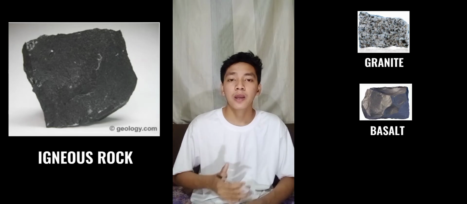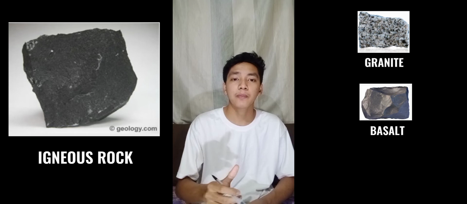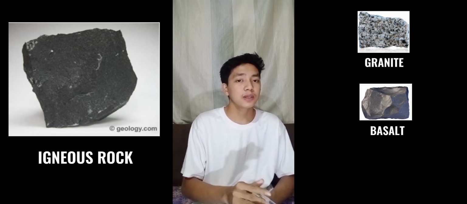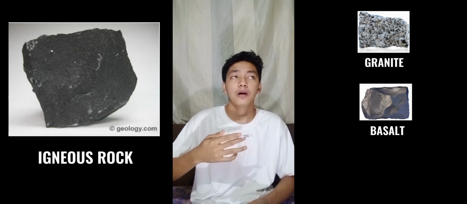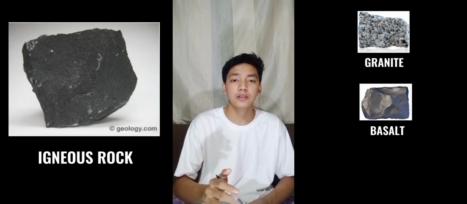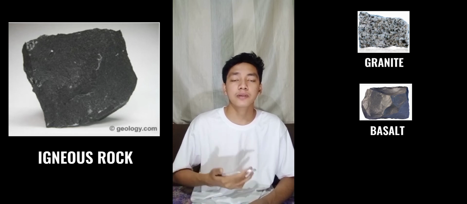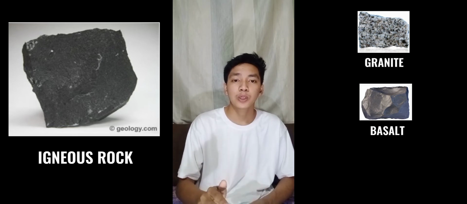Basalt is the most common type of igneous rock. Basalt is a dark-colored, fine-grained igneous rock. Basalt is one of the main rocks prevalent in the oceanic crust. As basalt is rich in iron, it is used as an ingredient of concrete.